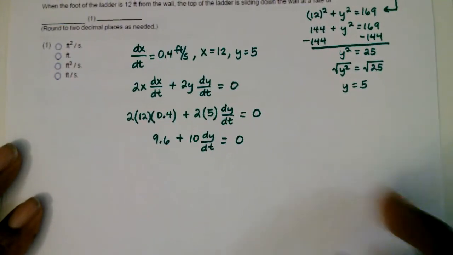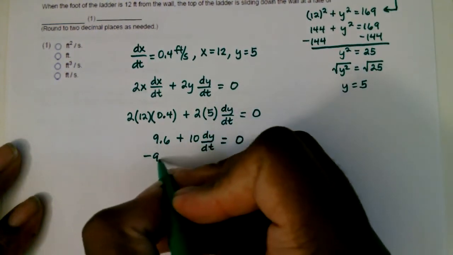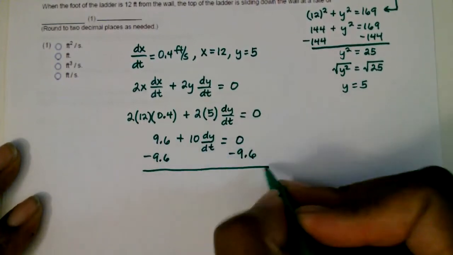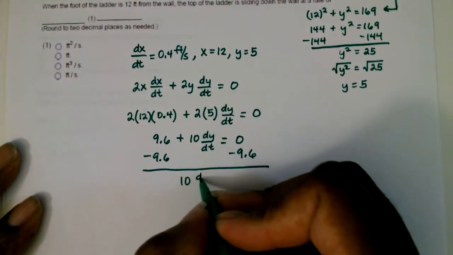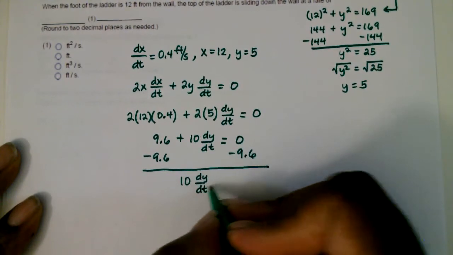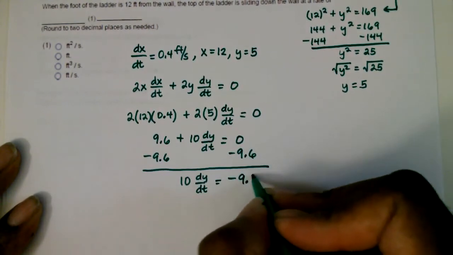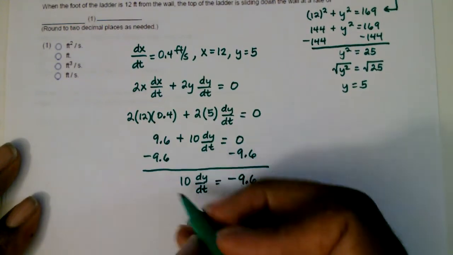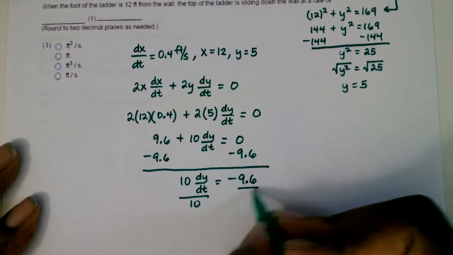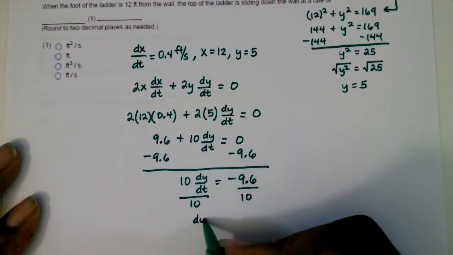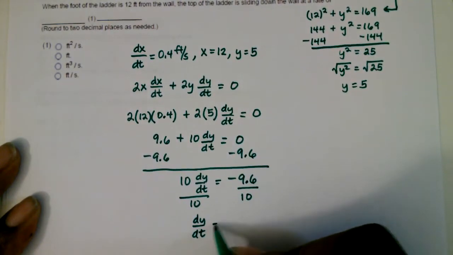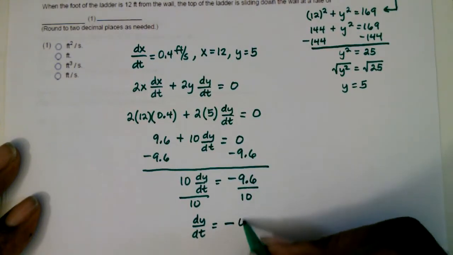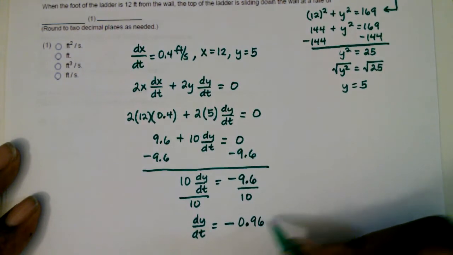And now to get dy/dt by itself, I need to first subtract 9.6 on both sides of this equation. So that means I'm going to have 10 dy/dt is equal to negative 9.6. And then divide both sides by 10. dy/dt ends up being negative 9.6 divided by 10, which would be negative 0.96.